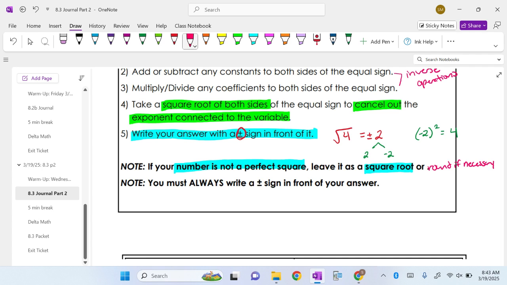Otherwise, you just leave it as the square root of whatever number. And then, of course, like I just said, you always got to write that plus or minus sign in front of your answer. I will tell you right now, if this was on the test and you did not write plus or minus, it would be wrong. Same thing with your Delta Math. If you did not put that plus or minus in front of it, it would be counted wrong.